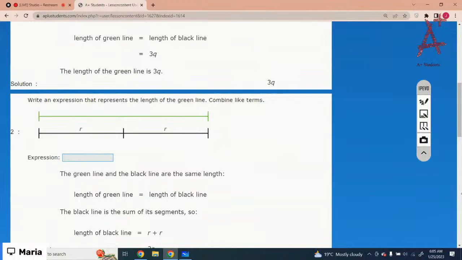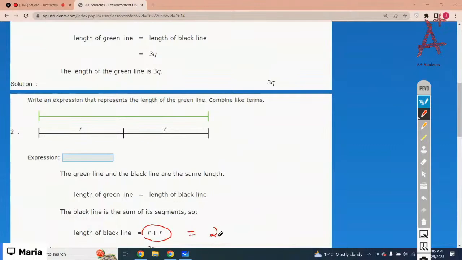The length of the green line and the length of the black line are equal. Got it? The length of both the lines are equal. So the length of the black line has two segments. They are R and R. Just combine them. R plus R equals 2R. Got it? That means the length of the green line and the length of the black line are equal and they both equal 2R. Got it?